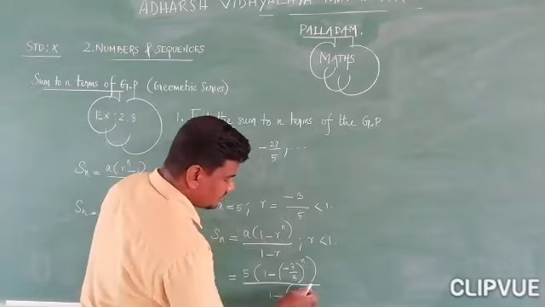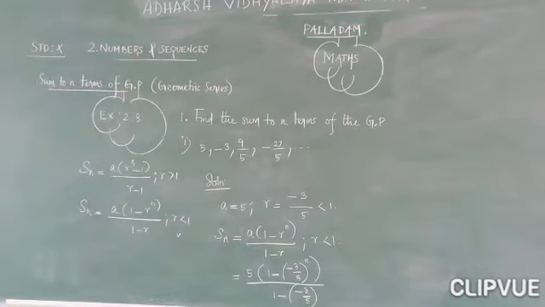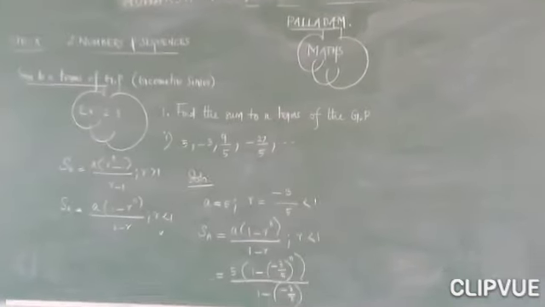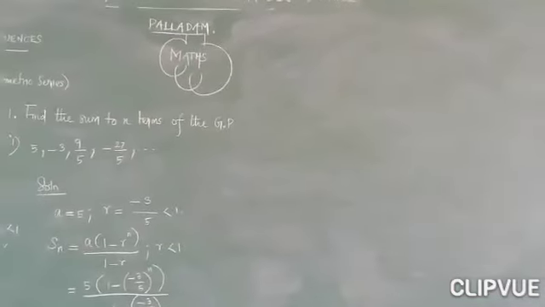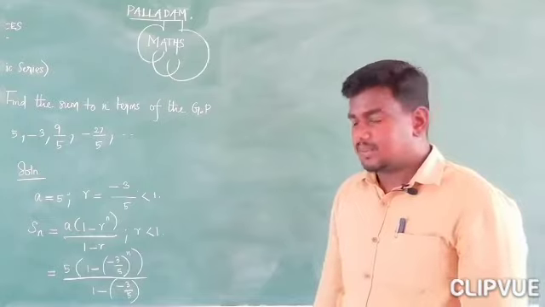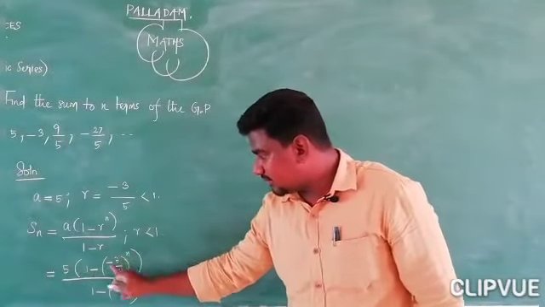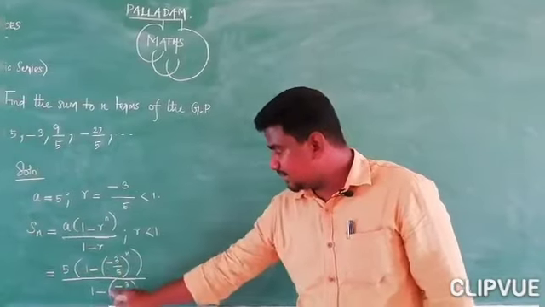So 1 minus minus 3 by 5. So Sn equals 5 of 1 minus of minus 3 by 5 whole power n divided by this one.